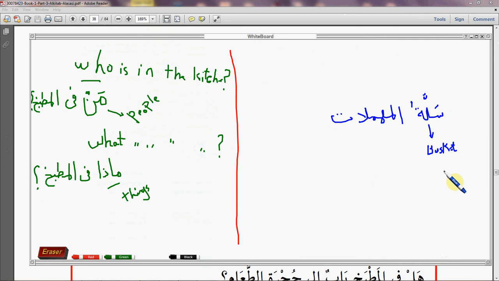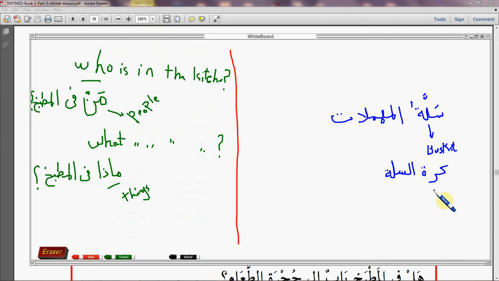For example, there is basketball, so I say in Arabic كرة السلة. كرة السلة means the basketball, because السلة here is the basket, and كرة means ball.